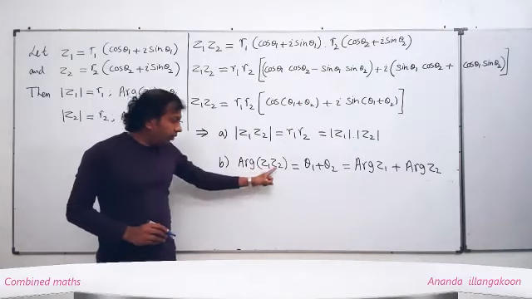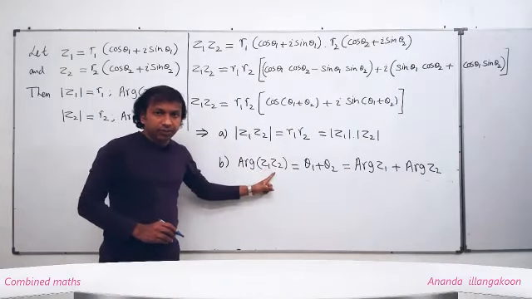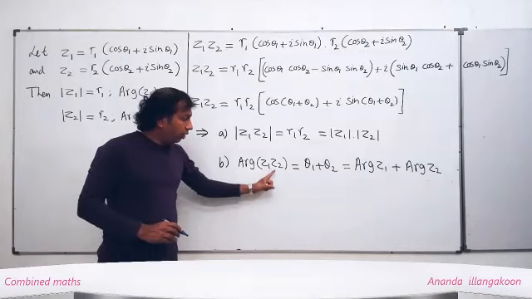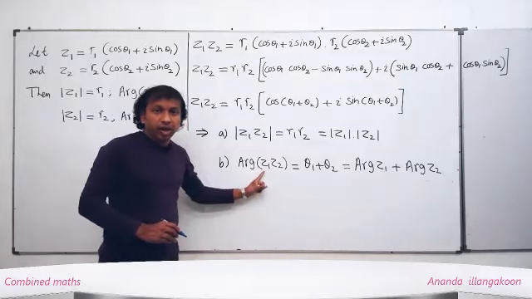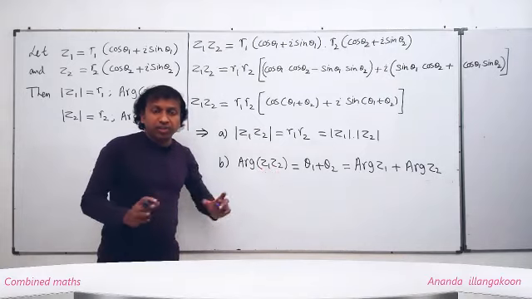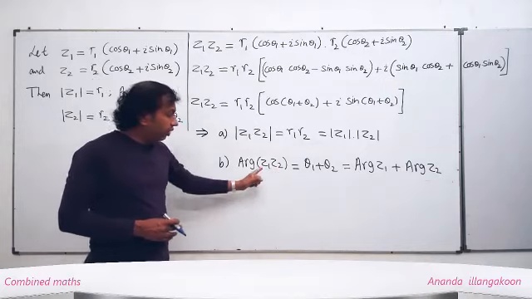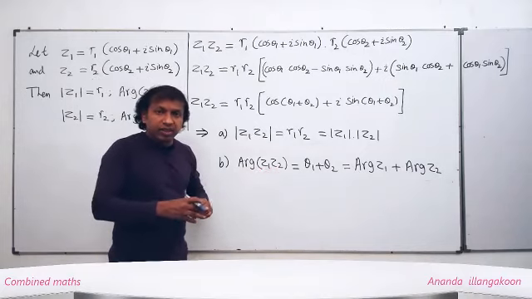When you multiply two complex numbers, what happens to the argument of the product? Product means after multiplying the two complex numbers, the answer. Z1, Z2 we multiply, then we get an answer.